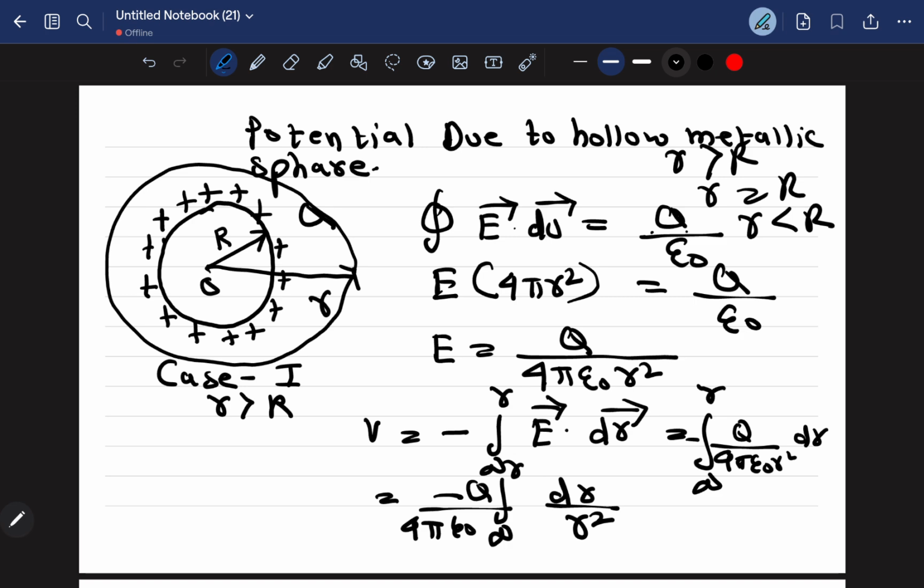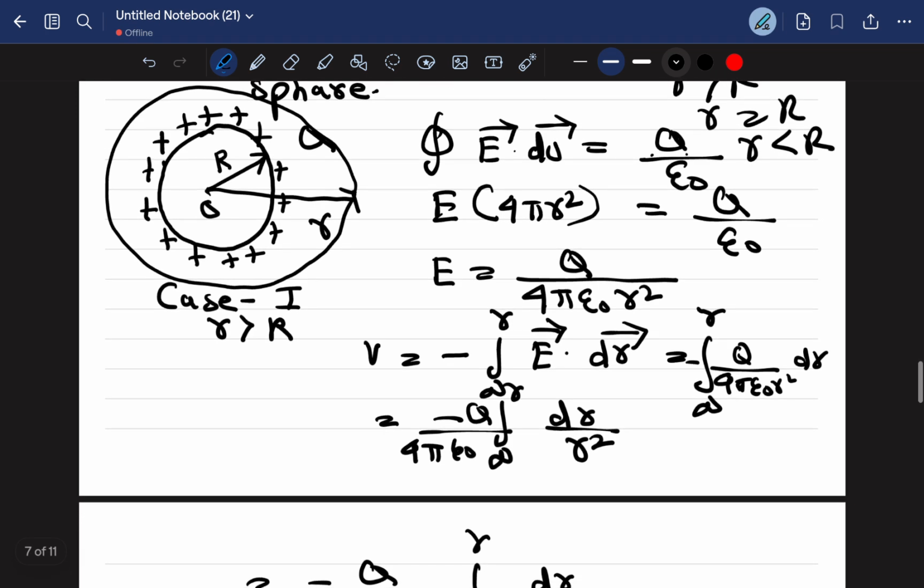So E into 4 pi r square equals q by epsilon naught, where q is the charge inside the Gaussian surface, which is the total charge in this metallic shell. From here we get E equal to q by 4 pi epsilon naught r square. It is the same electric field as due to a point charge q at a distance r from that point.